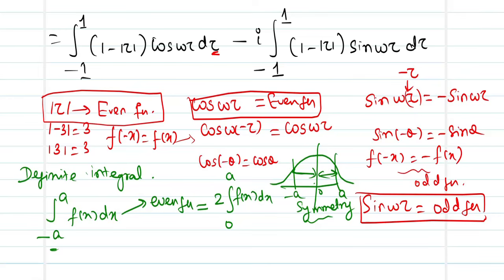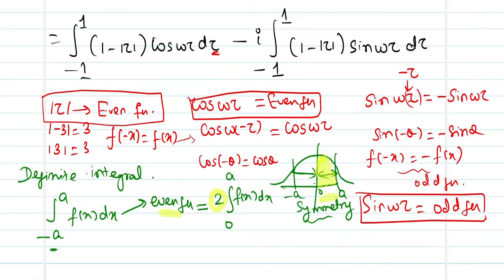By symmetry, it is sufficient to evaluate one portion and multiply it by 2. So for an even function, minus a to a becomes 2 times from 0 to a of f of x dx.